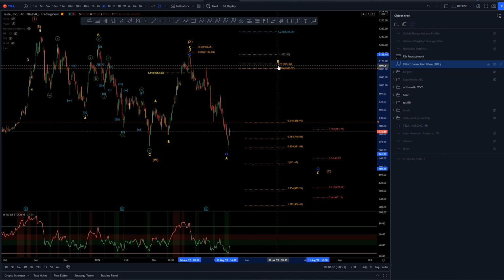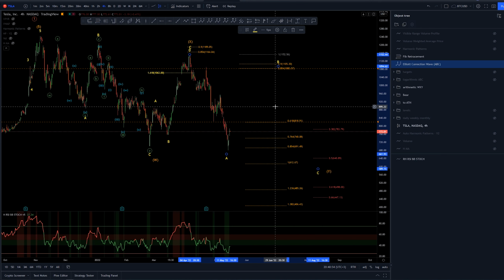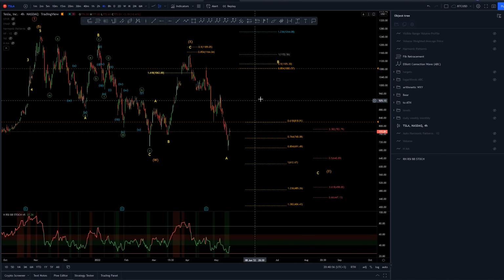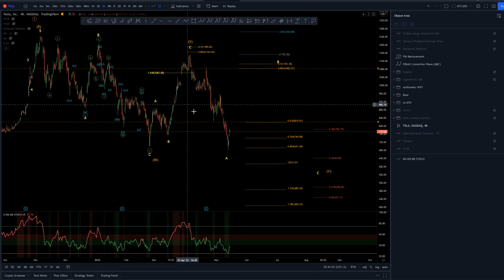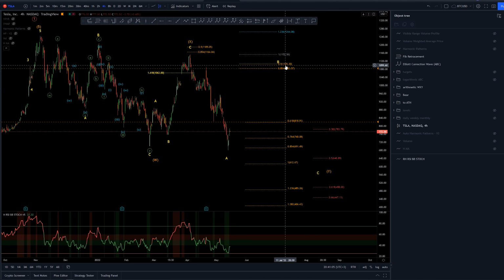If it goes above that, then I would consider this count to be invalid, as this structure here would be getting this whole ABC up to the area of a flat.